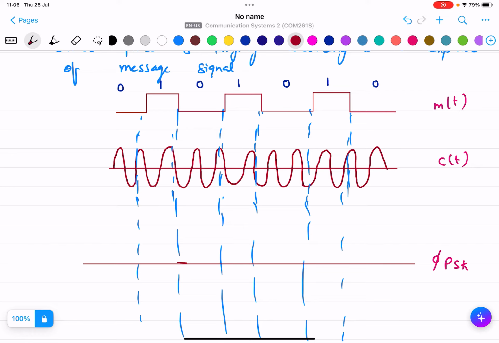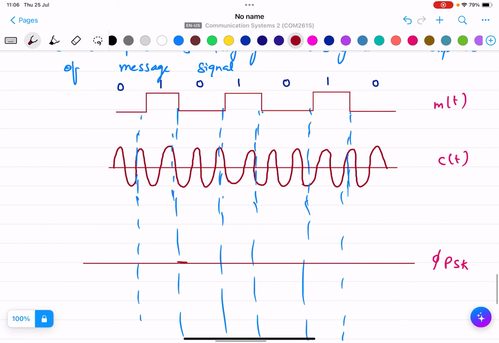So what will be my output signal? When it is shifting from 1 to 0, there will be phase reversal. So it is 0 here, so we will see the carrier waveform is like this. Now it is 0 to 1, they are transferring. So we will not go like this, we will just do phase reversal like this.